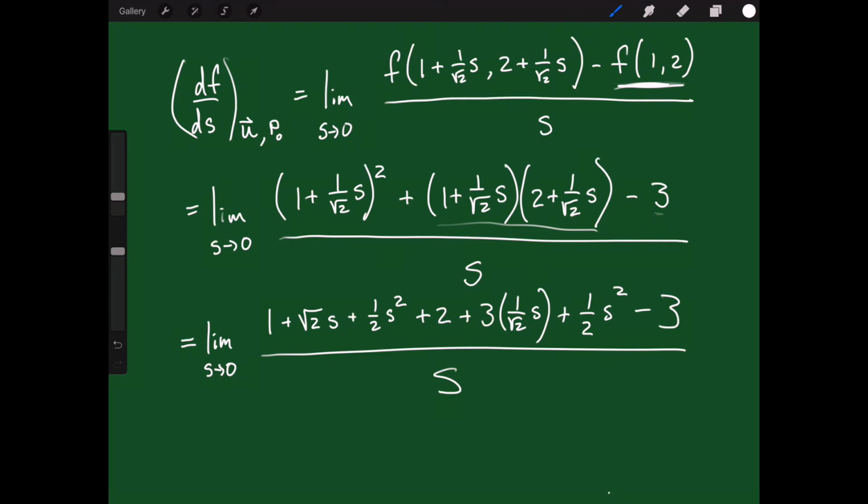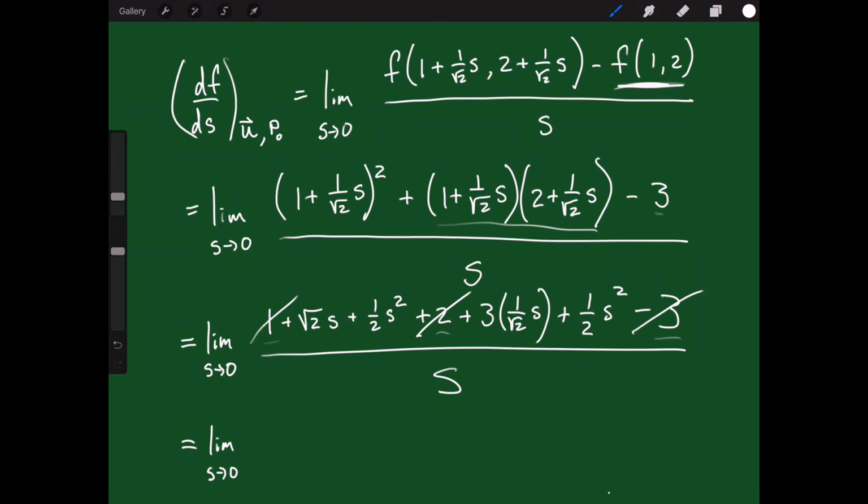Now we can combine some things. Something I noticed right off the bat is I get 1 plus 2 minus 3. So 3 minus 3, so all of these are gone. And now what do we have? We have some s's and we have some s squareds. How many s's do I have? I'm still taking the limit as s goes to 0.